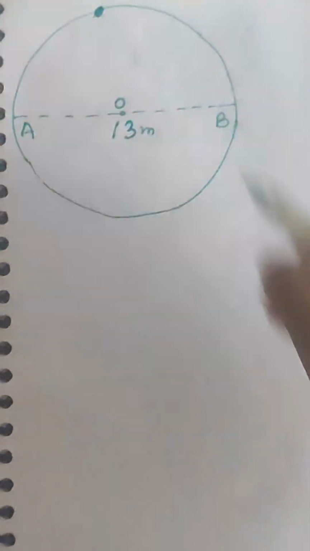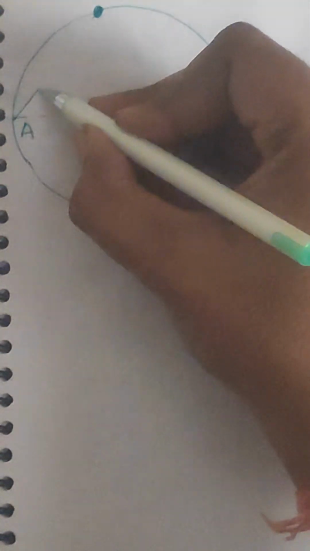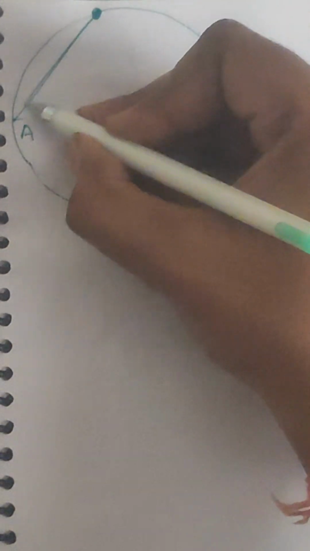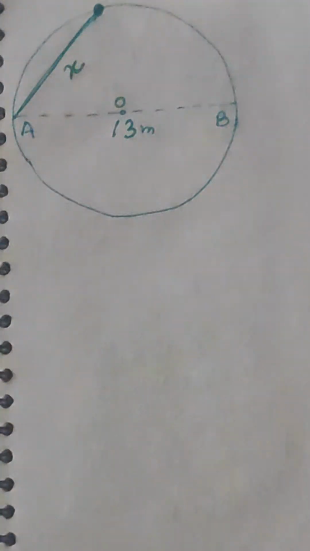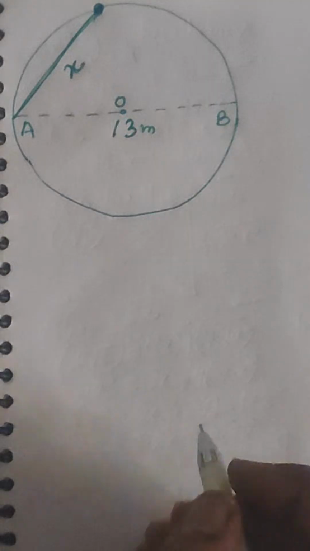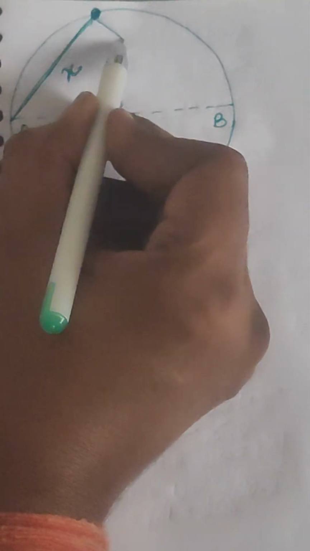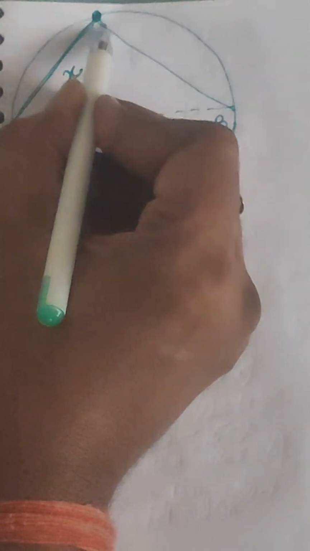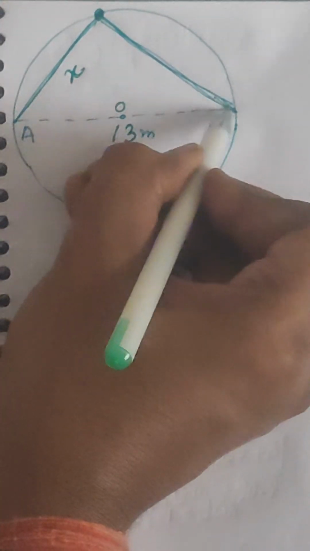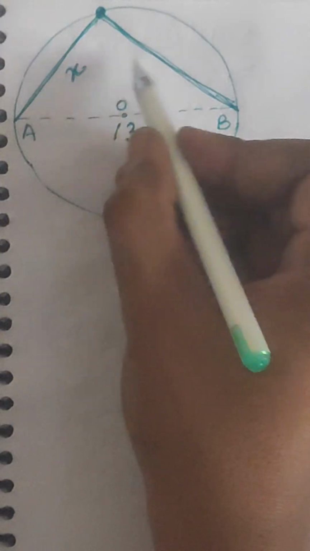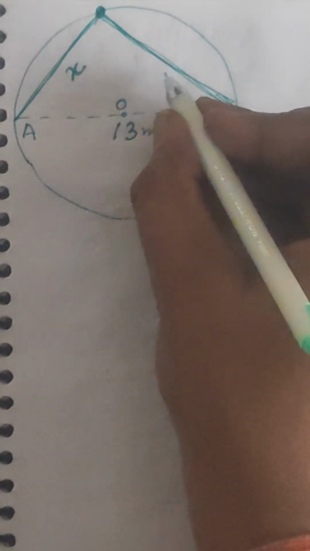Okay. So if this point is at a distance of x from point A, and this is a diameter, the angle in the semicircle is a right angle, then we can say that from this other point, the difference would be nothing but 7.